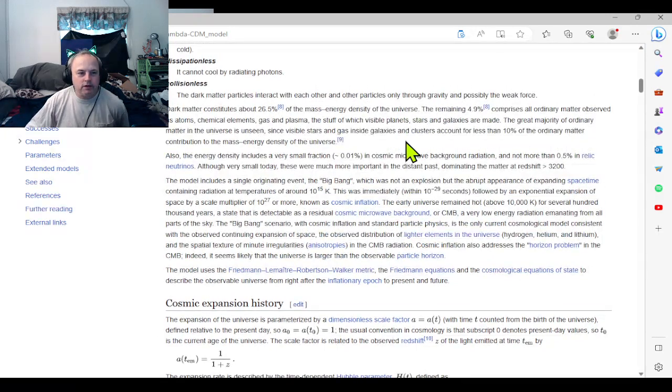The great majority of ordinary matter in the universe is unseen. Such invisible stars and gas inside galaxies and clusters account for less than 10% of the ordinary matter contribution to the mass energy density of the universe. Nature abhors a vacuum.